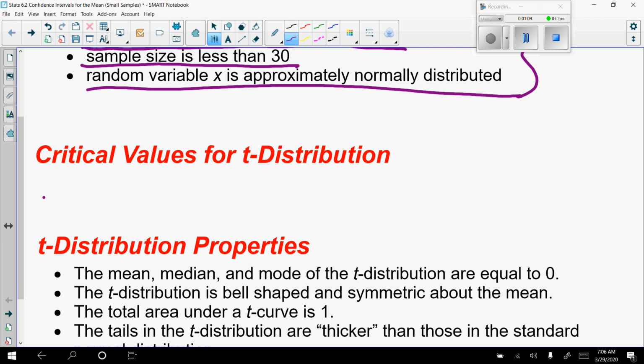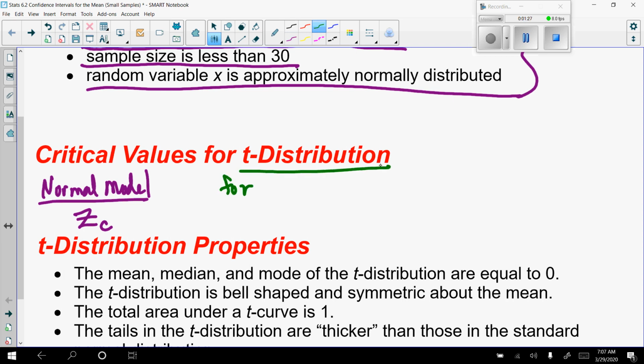So for the normal model, we use the z sub c, the critical value for the z-score. Now, for the t-distribution, we use a t sub c, or the critical value for the t-distribution.